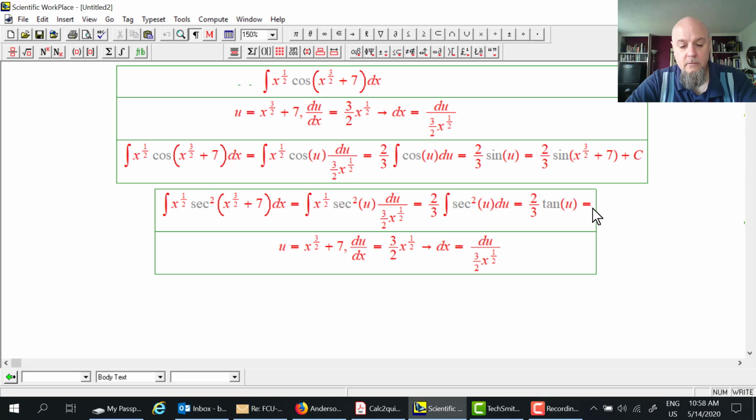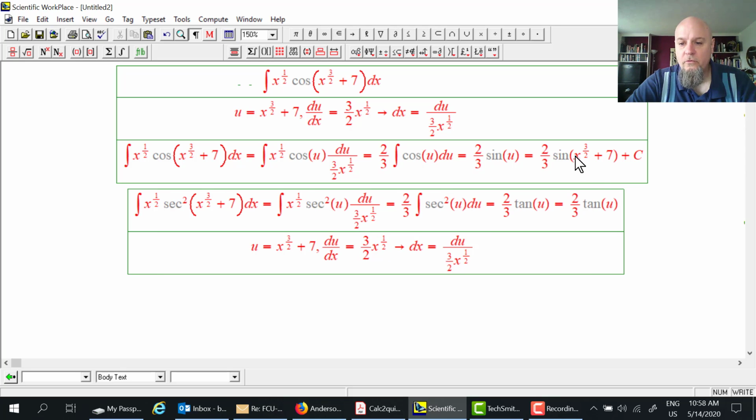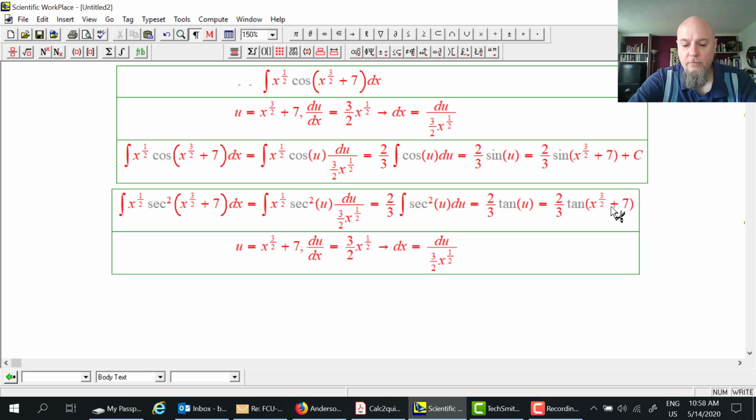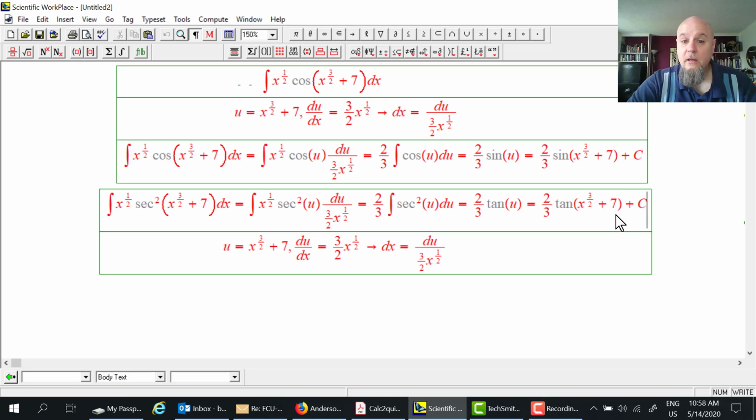So what was u? u was still the same inside function. And don't forget a plus c, and I'm done. So the difference between these two examples is I just changed the outside function. We could have changed the inside function as well. Let's do one more example.